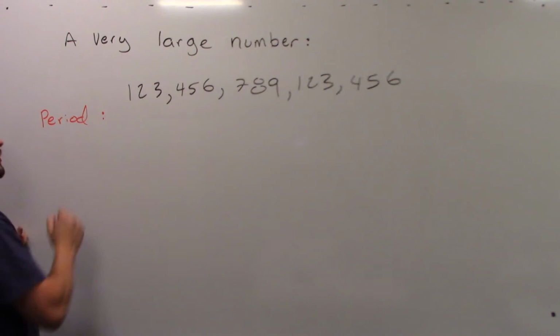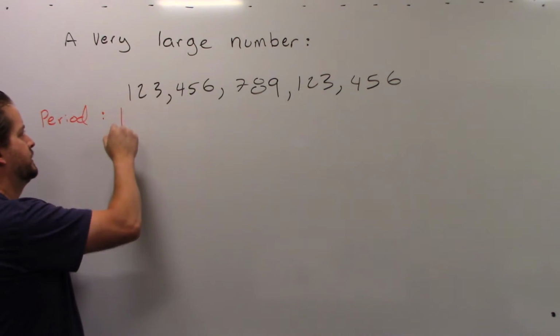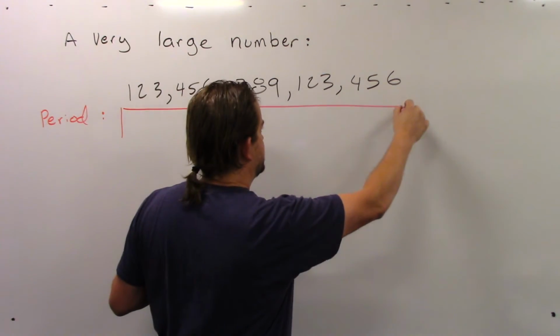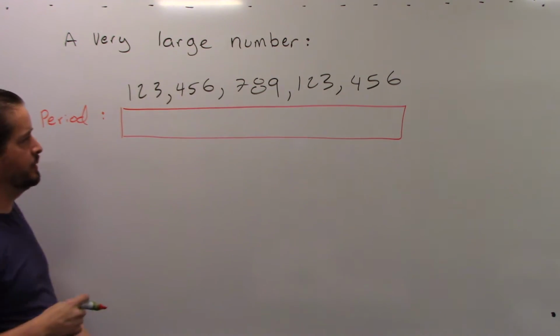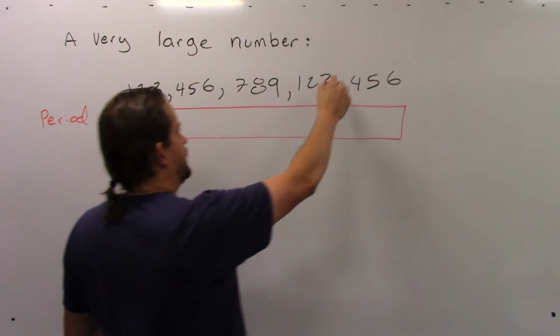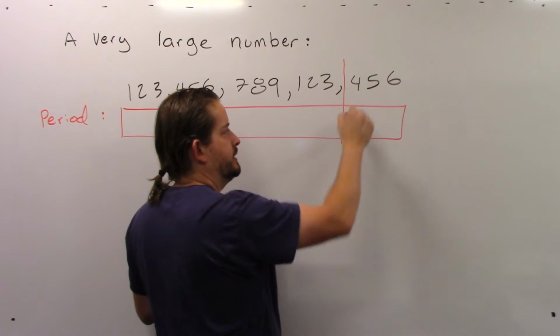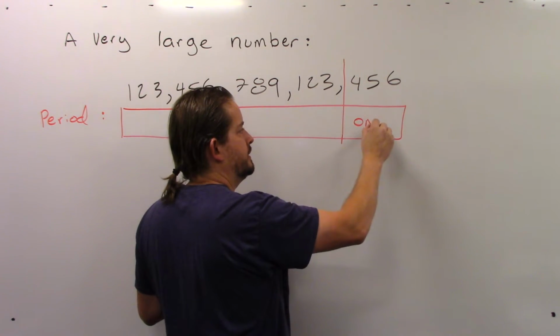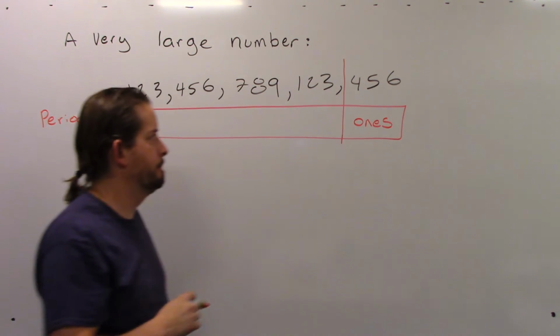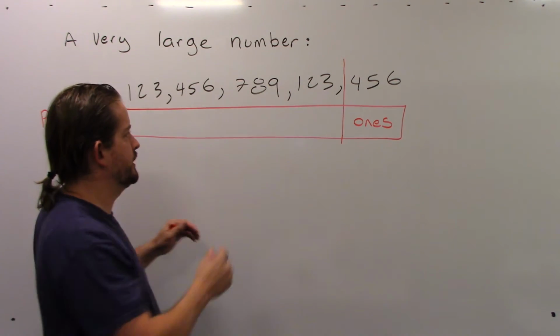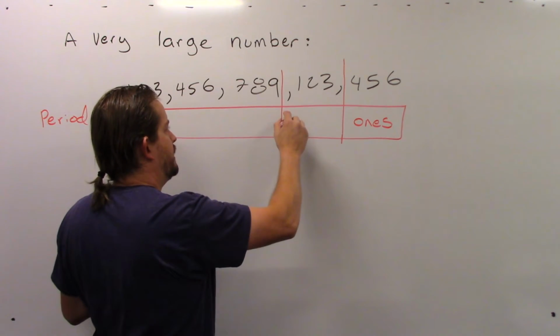Right? So these periods have names. This very first period all the way to the right is the ones period. This next group of 3 over here is called the thousands period.